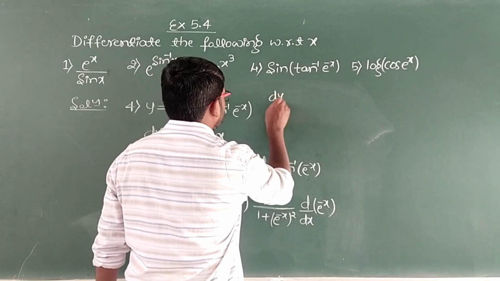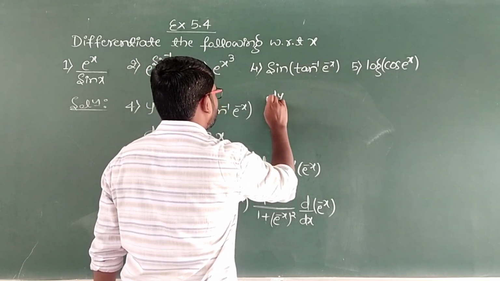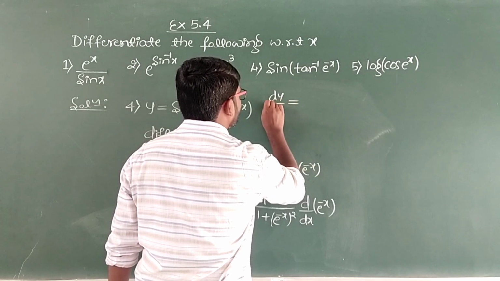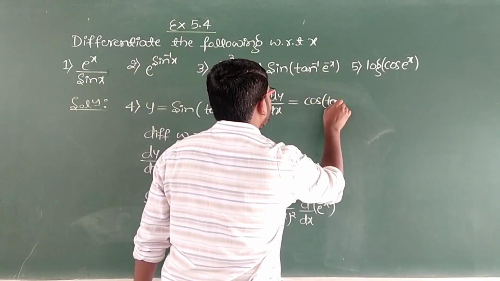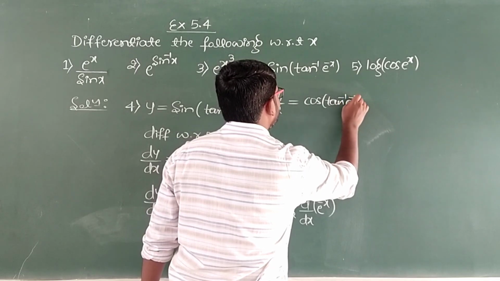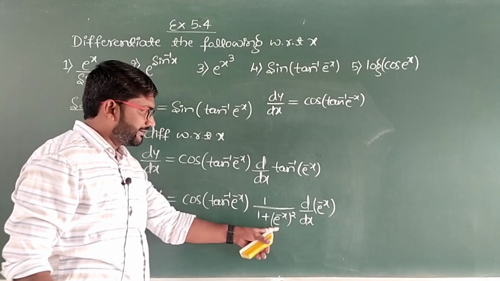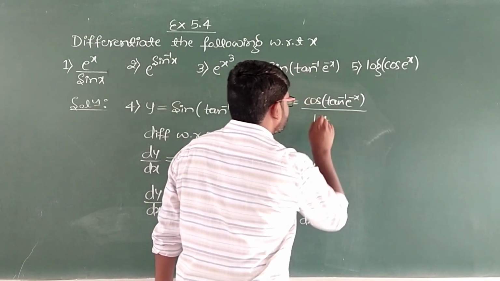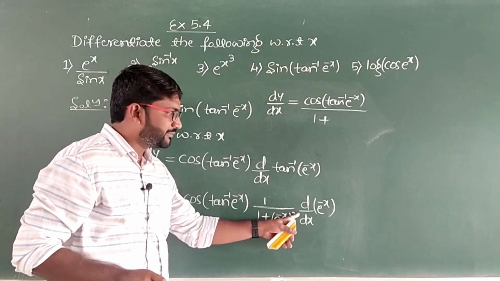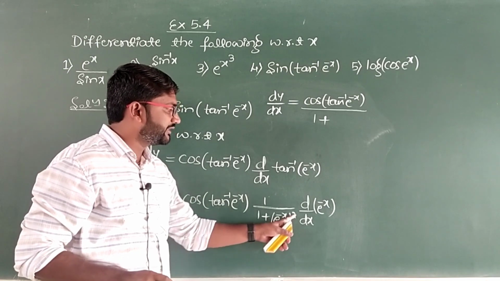dy by dx, which is equals to cos of tan inverse e power minus x, then divided by this term now. Divided by 1 plus, so these two can be written. It is in the form of a raised to m whole raised to n.